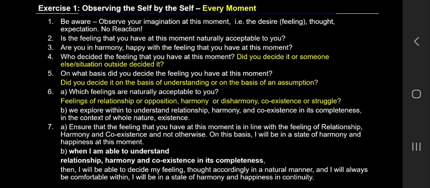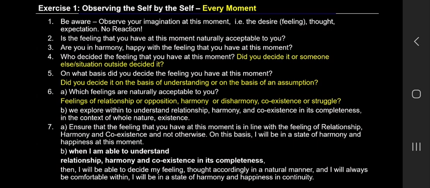And when I am able to understand relationship, harmony and coexistence in its completeness, then I am able to decide my feeling, thought accordingly in a natural manner every moment. So I will be in a state of harmony and happiness in continuity.